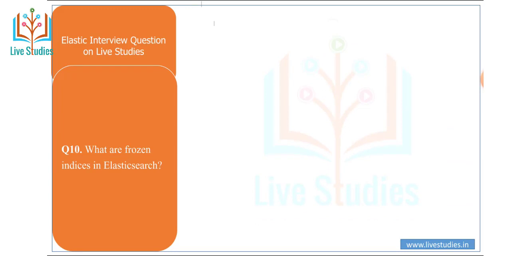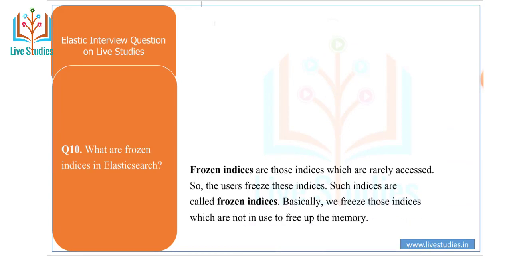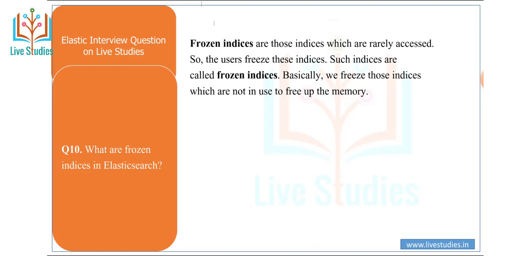Another question is, what are frozen indices in Elasticsearch? Frozen indices are those which are rarely accessed, so the user freezes these indices. Such indices are called frozen indices. Basically, we freeze those indices which are not in use to free up memory.